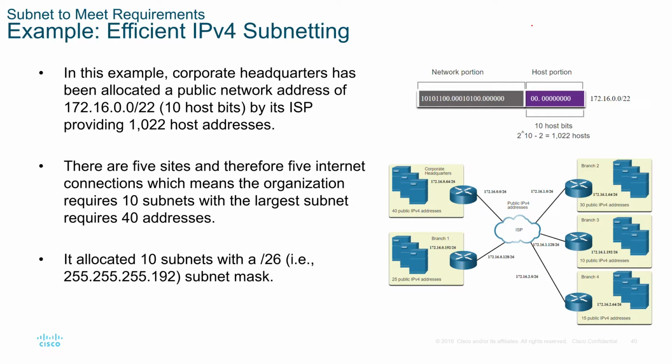So out of the original 1024, I am left with only 1022. There are 5 sites and 5 internet connections, which means the organization requires 10 subnets. And the largest subnet will require 40 addresses.